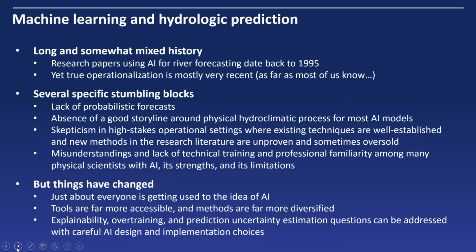It's just in your everyday lives. The tools are also far more accessible, and there's a much more diverse set of methods, which really helps a lot with hydrologic applications, which have some pretty specific requirements. And things like explainability, overtraining, and prediction uncertainty can now be addressed head on. Next slide, please.